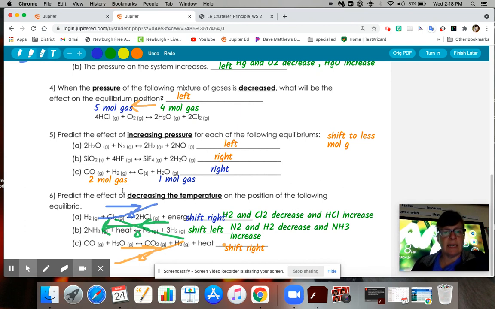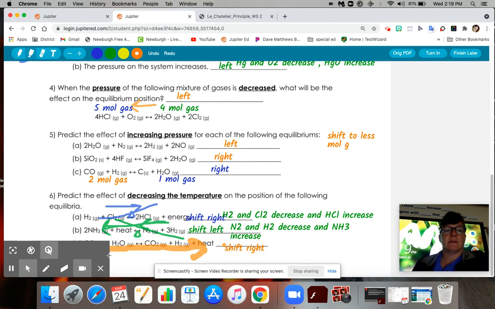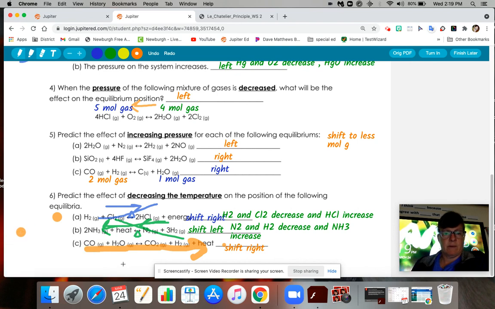So let me try cleaning all this up, and maybe that'll help. Okay, so let's draw that nice big arrow. It's shifting from the left to the right. Everything over here is going to decrease. Over here, that's where you're coming from.